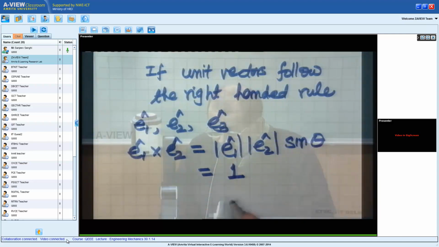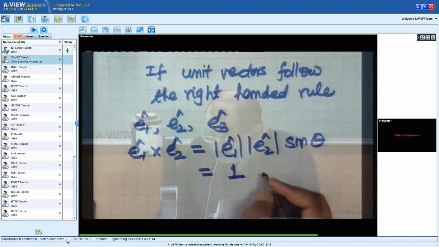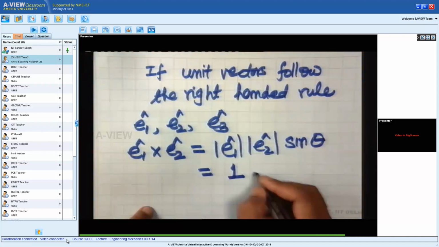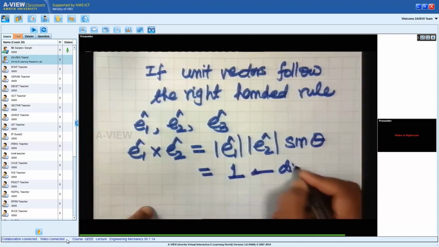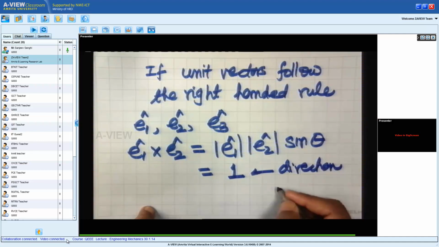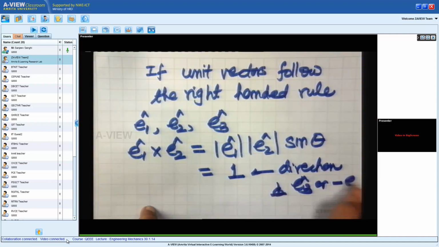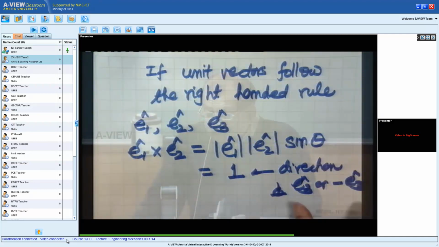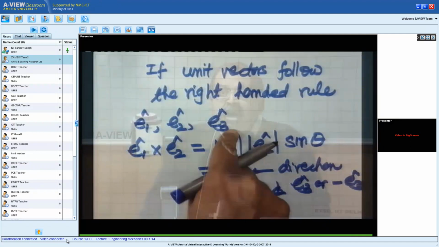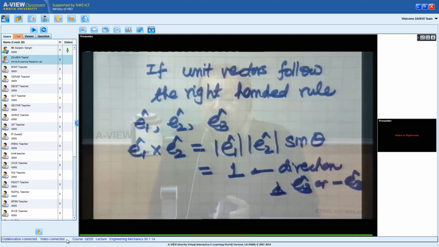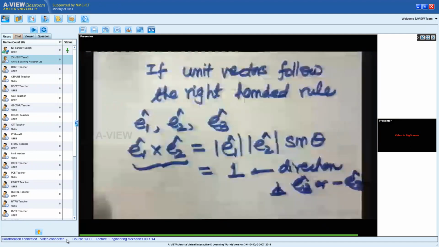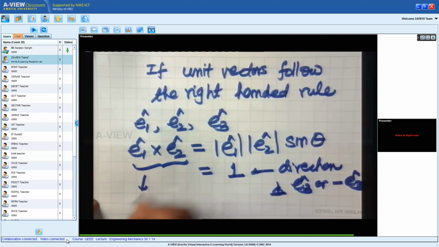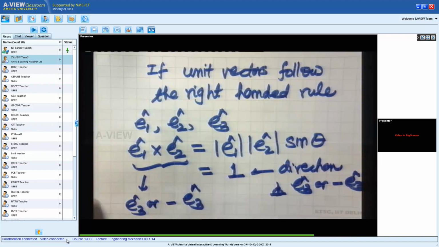So this has to be 1, and also its direction. So this is the magnitude, and its direction can be either along E3 or minus E3. This is the only possible direction because E1, E2 and E3 are mutually perpendicular to each other. So the direction of E1 cross E2 will be either along E3 or along minus E3.